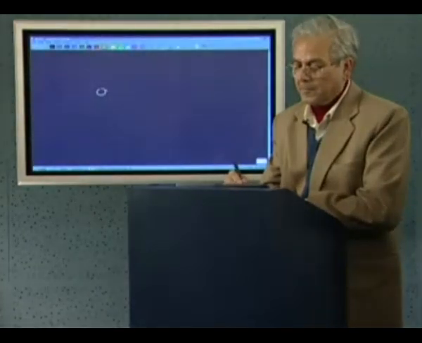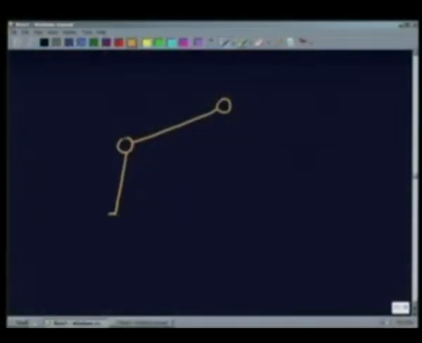Now, if I say that a system or a mechanism or a machine is under static equilibrium, under the influence of certain forces, what does that mean? Say for example, if we consider this case, a 4-link mechanism with the ground link fixed.